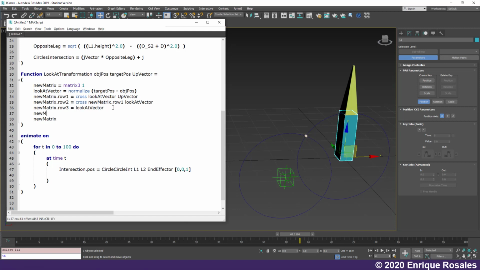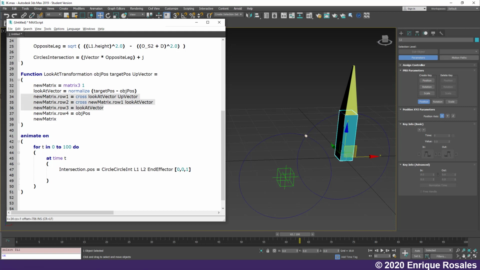So new matrix dot row 4 will be equal to, in this case, the object position. Depending on which link we are using, you will see that we will change that, obviously. Okay, so yeah, I think that's correct.